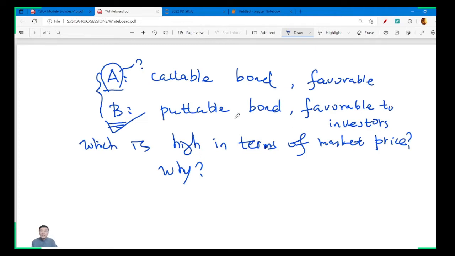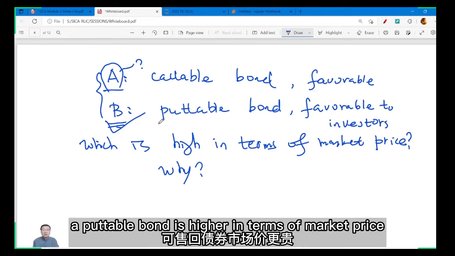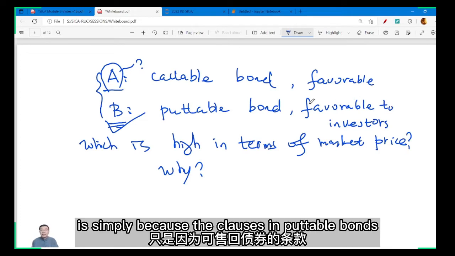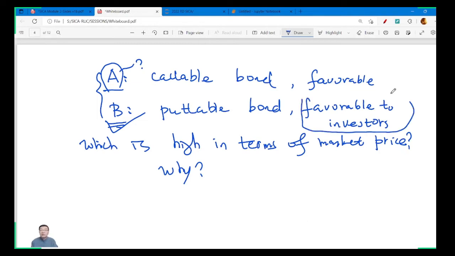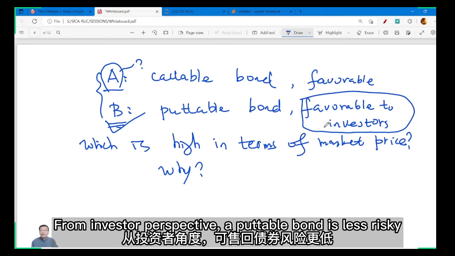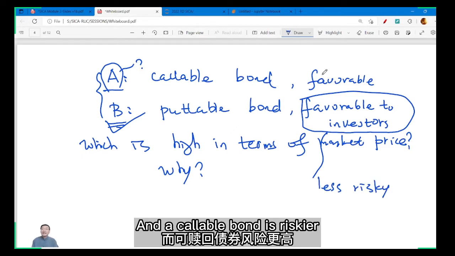Thank you, Jiaqi. The reason why a puttable bond is higher in terms of market price is simply because the clauses in puttable bonds are favorable to investors. From the investor's perspective, a puttable bond is less risky, and a callable bond is riskier.